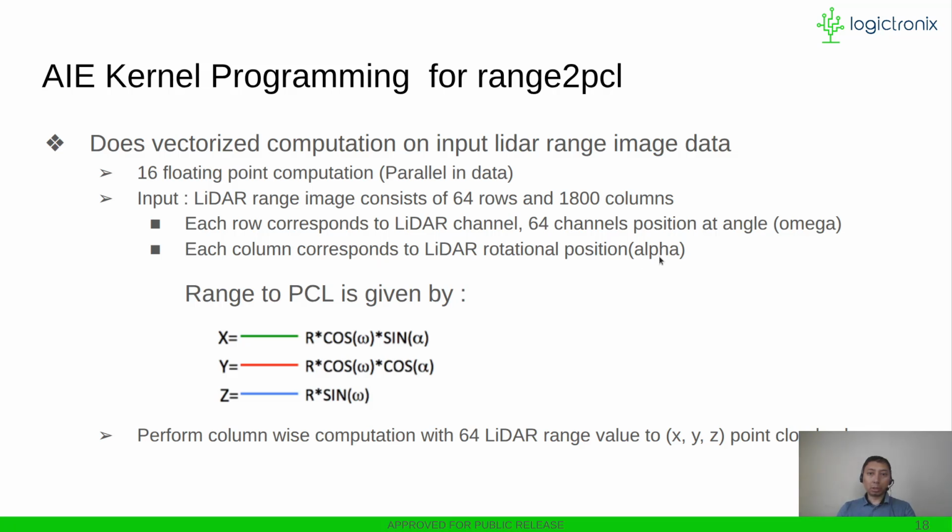We use this elevation angle and azimuth angle alpha, their sine and cosine values at that point, along with the range image data, to convert this range image data to the XYZ point cloud data. And in our AI kernels, each individual AI kernel in one run takes 64 LiDAR data frame and further converts it to the XYZ point cloud data.